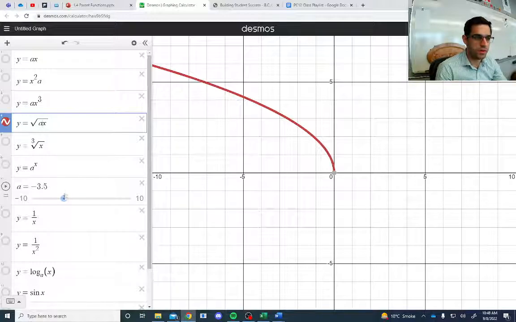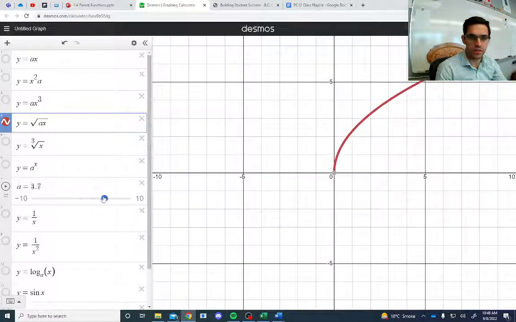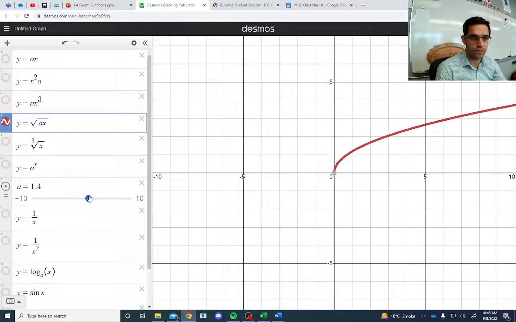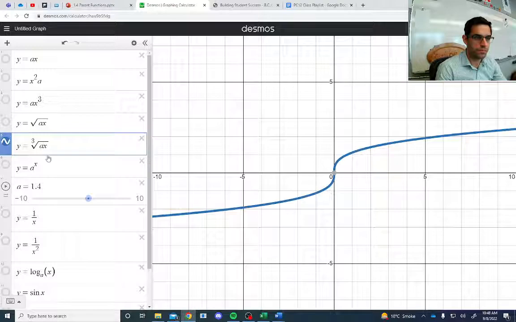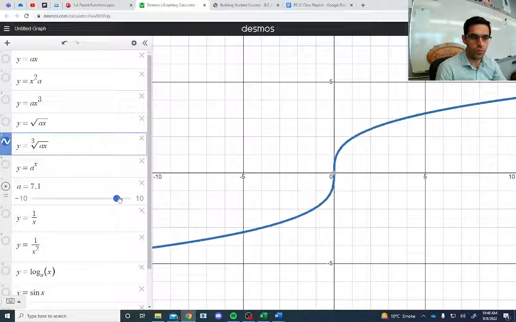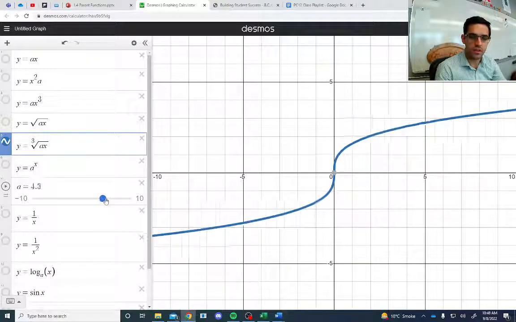I can flip this one. Look at that. This is what a square root function looks like. The parent function being y equals, or f of x equals, the square root of x. I can do a cube root function. Looks kind of like an x to the power of 3 function, but it's on its side.